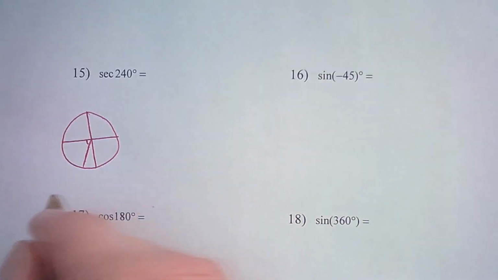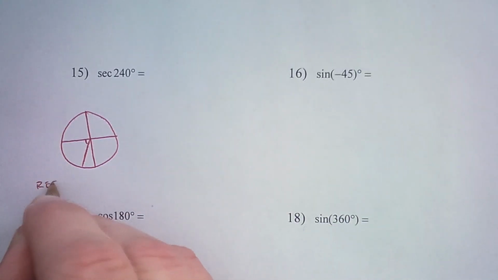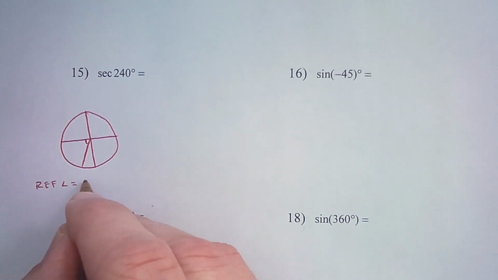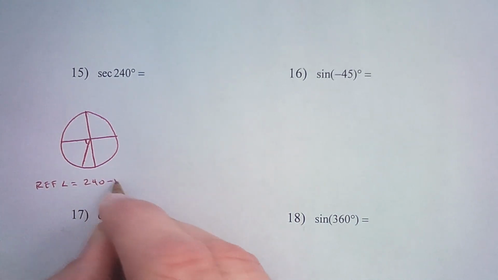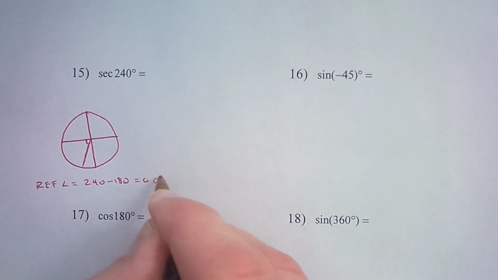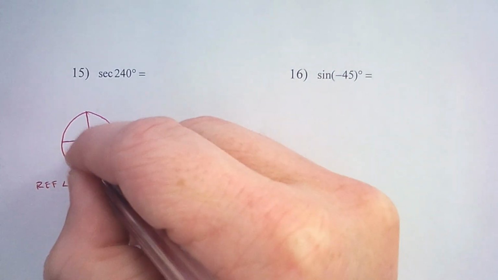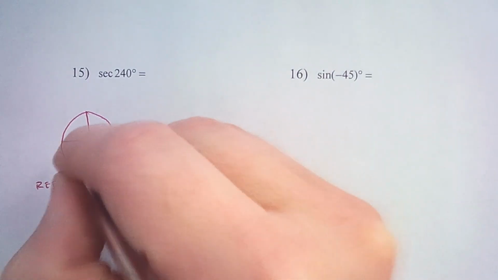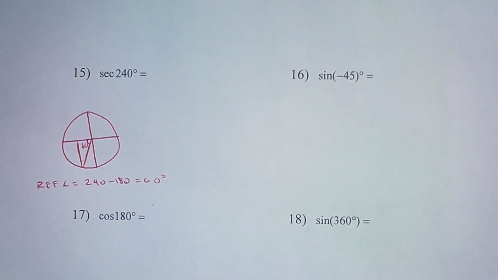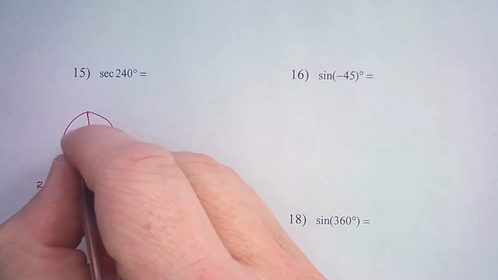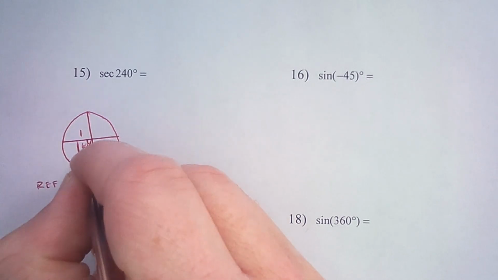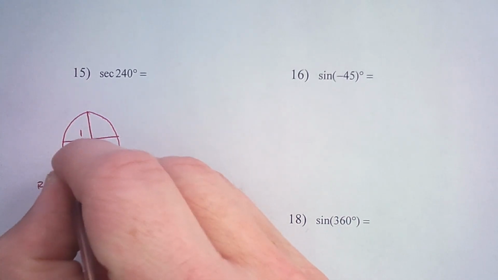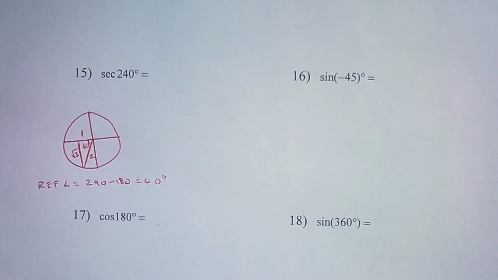To find the reference angle, we can do 240 minus 180, and that is 60 degrees. So right here, I have a 30, 60, 90 triangle. On a 30, 60, 90, our numbers are shortest leg 1, the hypotenuse 2, and the long leg square root of 3.